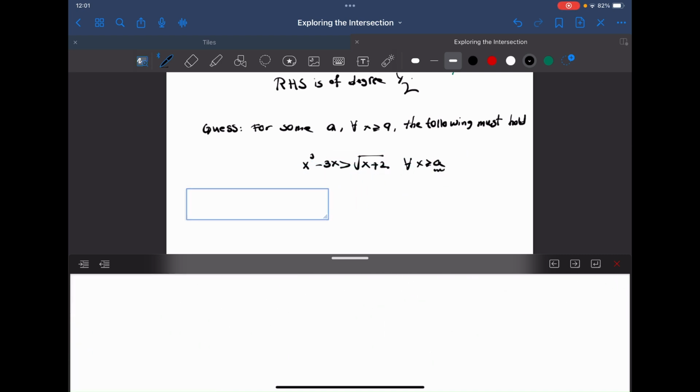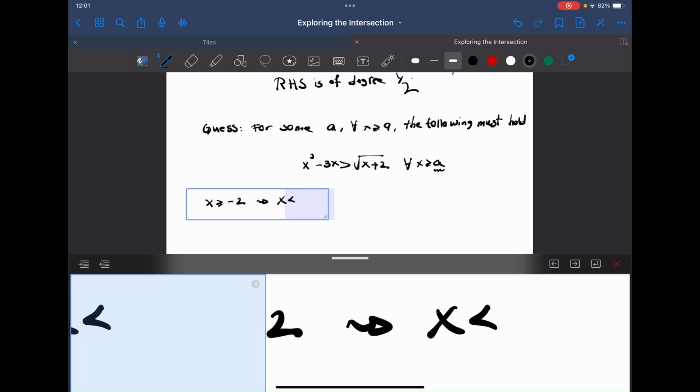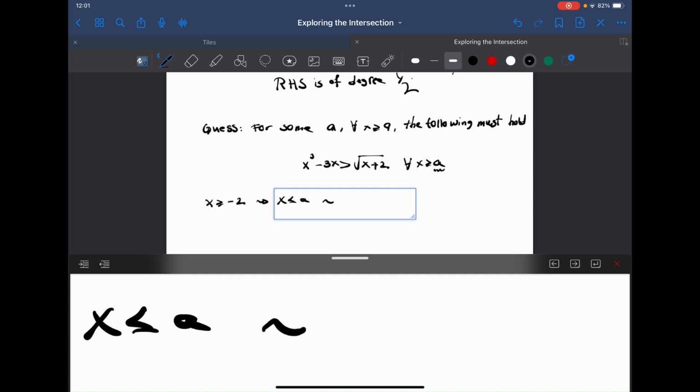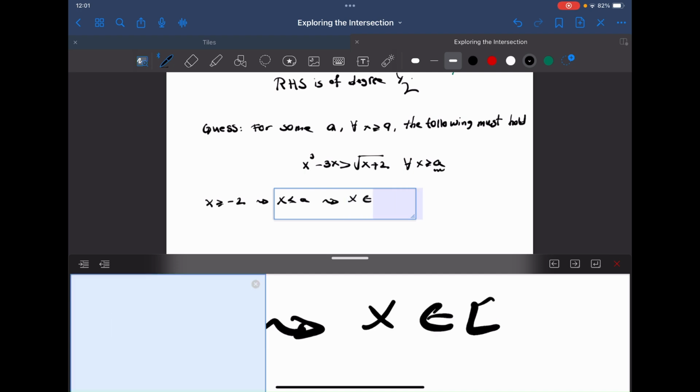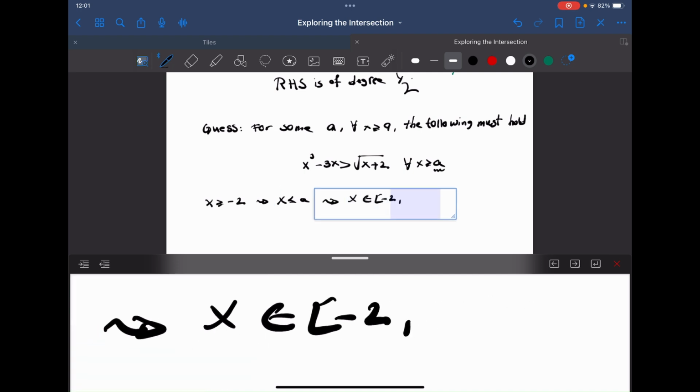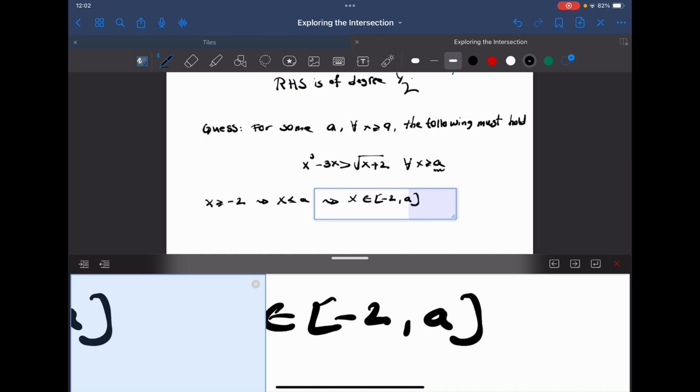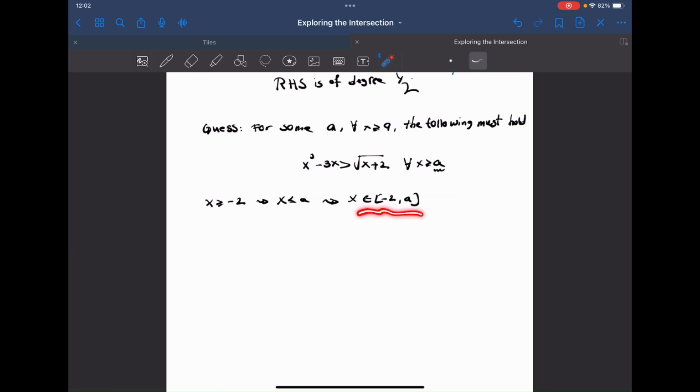And the reason that I'm trying to do this is to narrow down the range of x, right? I know that x is larger than minus 2. And here I also have x less than A. And from here, I know that x is between minus 2 and A. And then I would try to solve it for x inside this range, right?